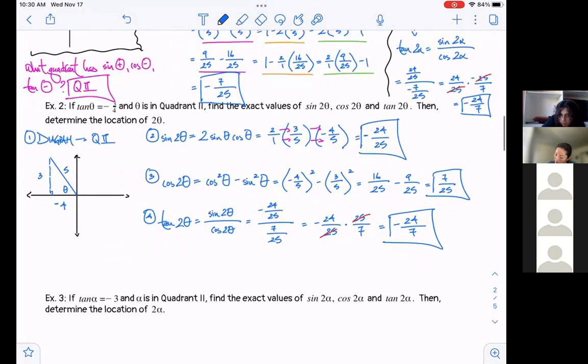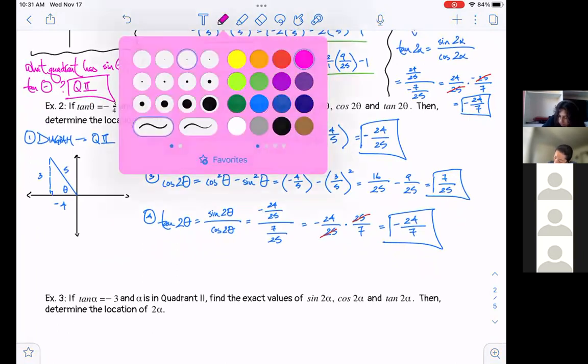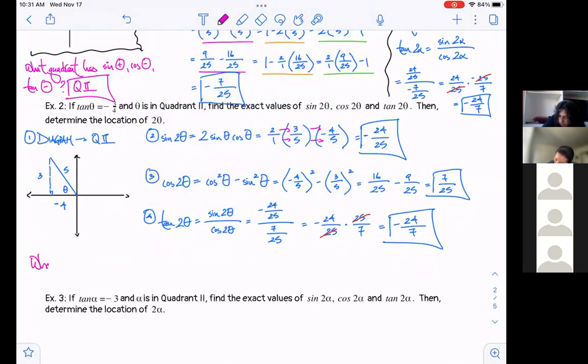All right. The last question we want to ask ourselves: what quadrant has a negative sine, a positive cosine, and a negative tangent?